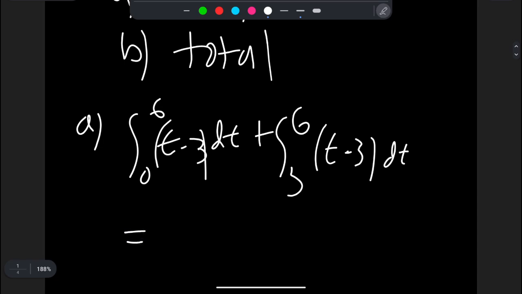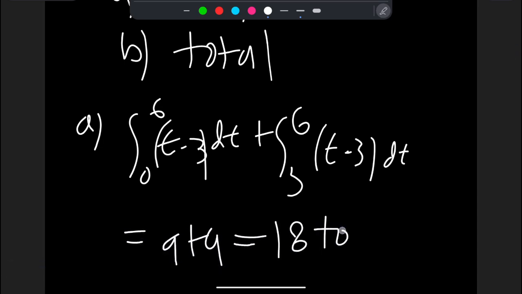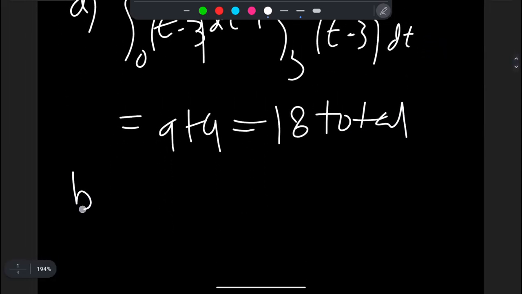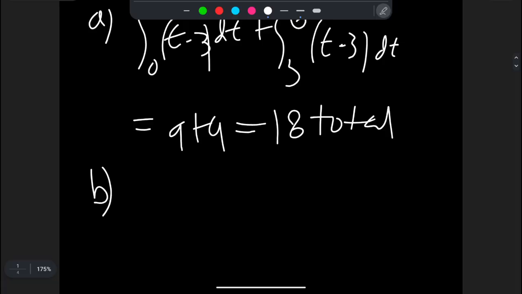When you solve this, it's going to equal 9 plus 9, which equals 18 total. So now we have our total.